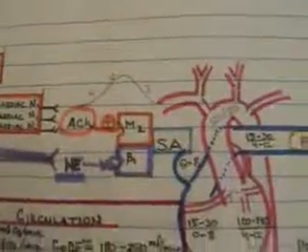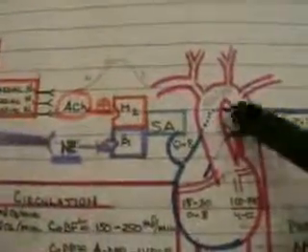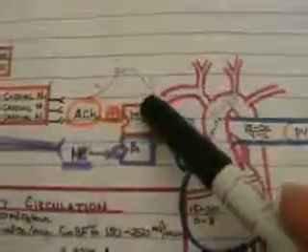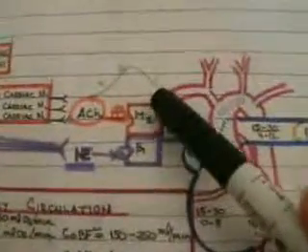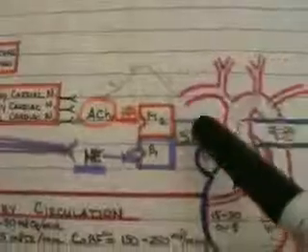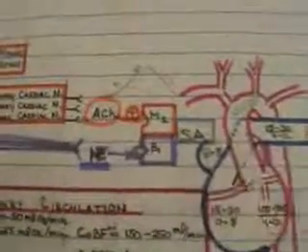And this helps to give the negative chronotropic and negative dromotropic effect on the heart function. So the negative chronotropic helps to decrease the heart rate, and the negative dromotropic helps to reduce the actual conduction within the Purkinje fibers.